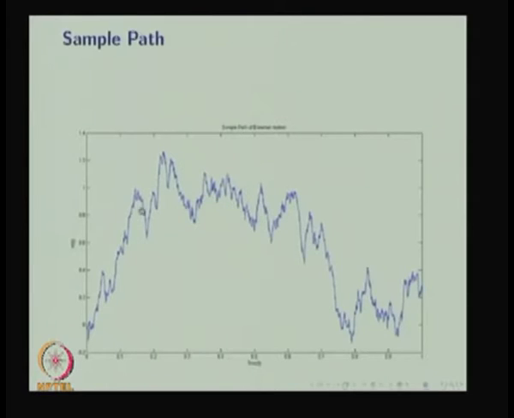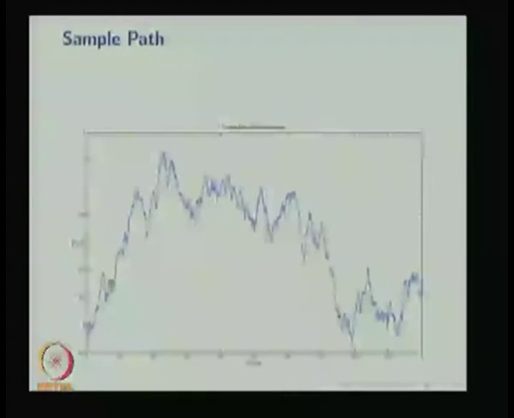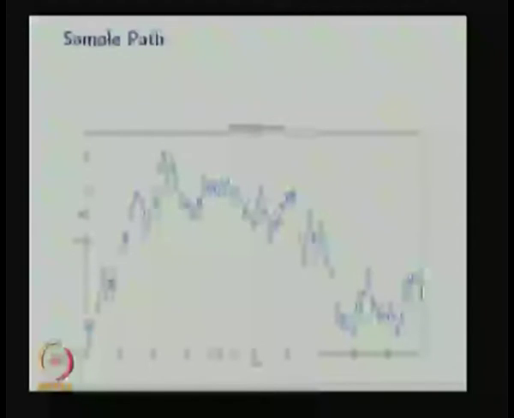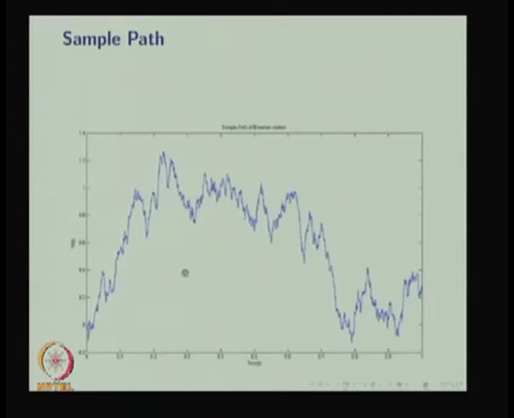The sample path of a Wiener process looks like this. By definition, Wt plus s minus Wt, that is the increment, follows normal distribution. It can take positive and negative values. The sample path of Wt is continuous.